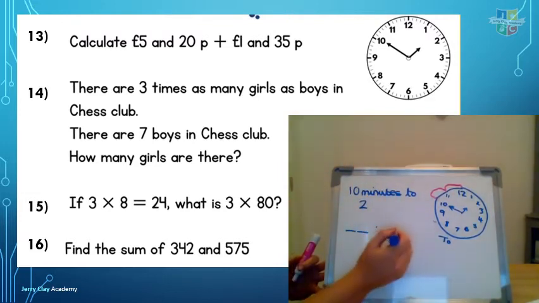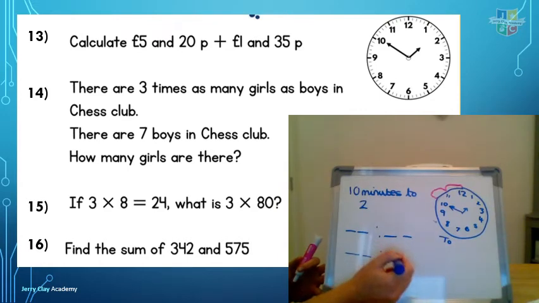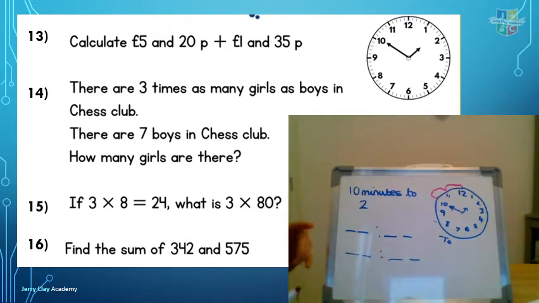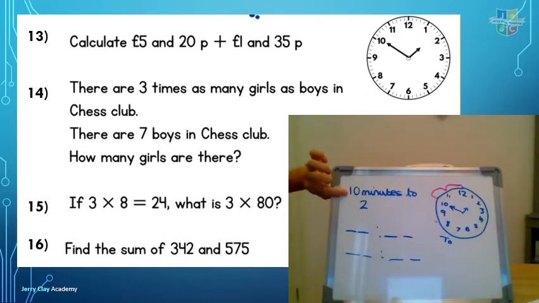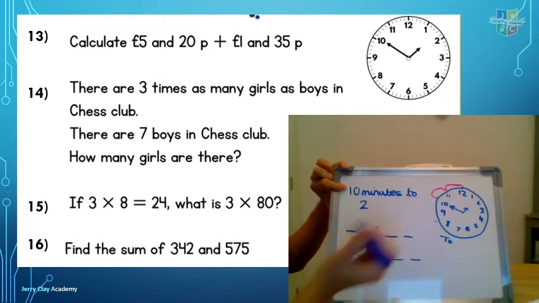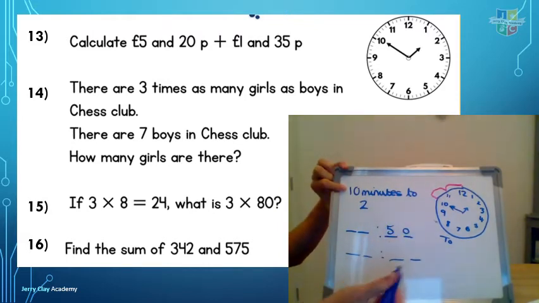Now if we were to write that as a digital clock, remember we don't say 10 minutes to. On a digital clock that will be wrong, because on a digital clock we are saying how many minutes past the hour. So if I know there are 60 minutes in an hour, if there's 10 minutes has gone, I would have 50 minutes left.